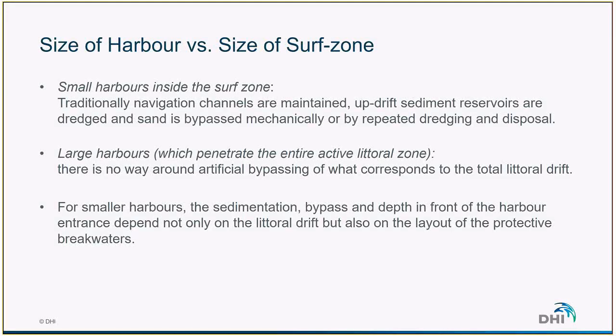And that's where the impact on the neighboring shoreline is the most important, because absolutely no sand from the updrift location is reaching the downdrift area. So that's a big problem. And in this case, the sand has to be moved manually or artificially towards the downdrift area.